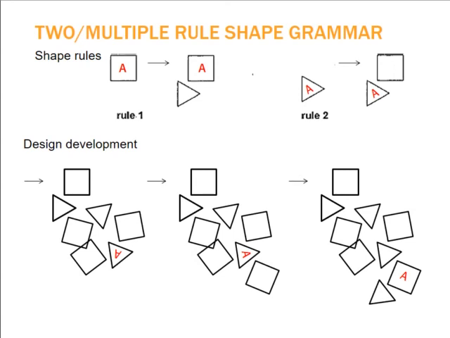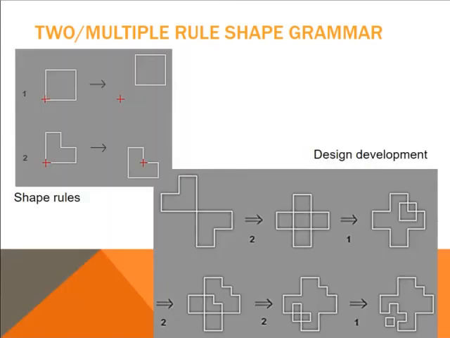Right. So another example of multiple rule shape grammar. This one also using addition and subtraction. But subtraction is not that obvious, because as you can see, if you look at the rules, basically it is not an addition, and also it's not a subtraction.